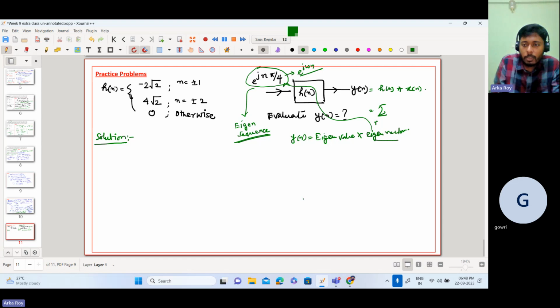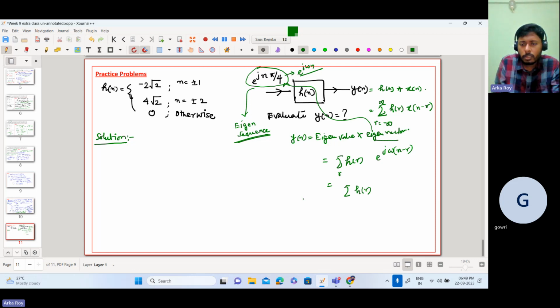So this will be the summation over r from minus infinity to infinity of h of n, let me change the variable to h of r, times x of n minus r. If I proceed with this convolution, it will be h of r, and let me take x as e to the power j omega n, so it will be e to the power j omega n minus r, and r is running from minus infinity to infinity. I'm not writing it again and again.